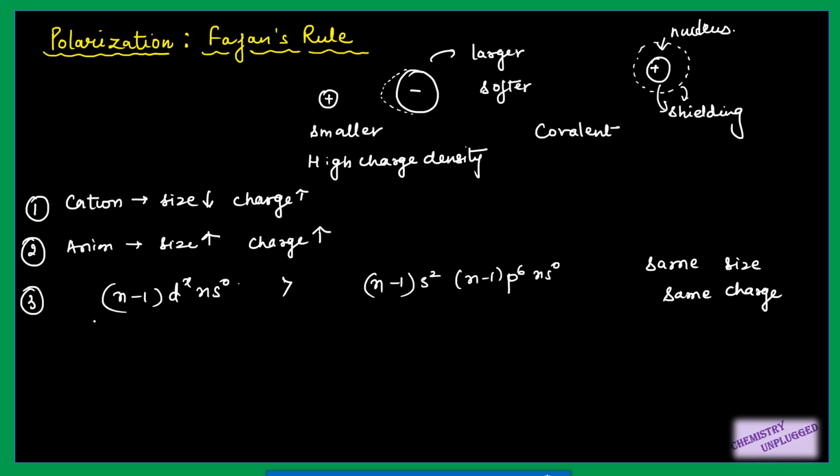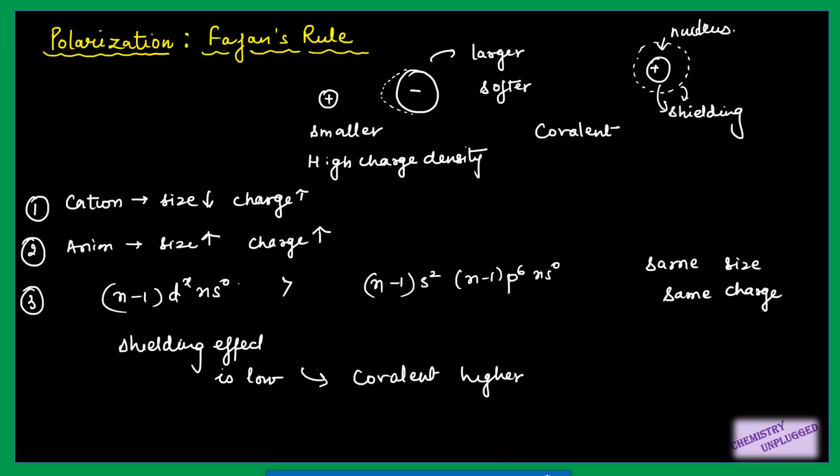And when we have a configuration similar to the transition metal ion, this shielding effect is low, right? And when the shielding effect of these outer electrons is low, this positively charged nucleus can effectively cause distortion of the electron cloud of the anion. So covalent character will be higher for it.